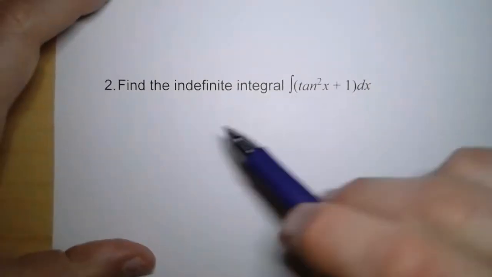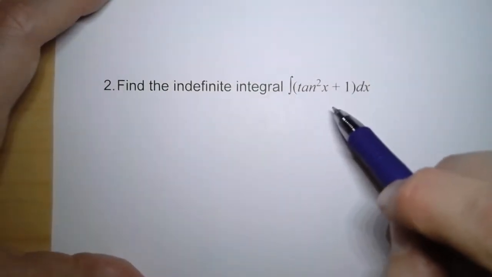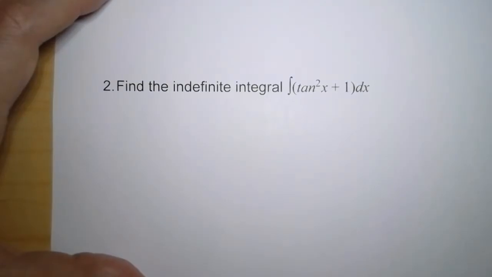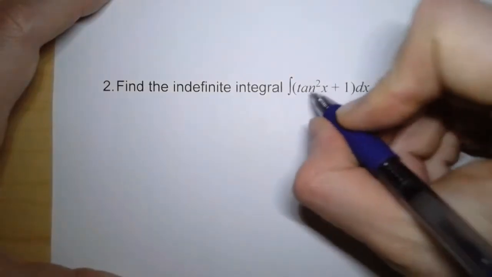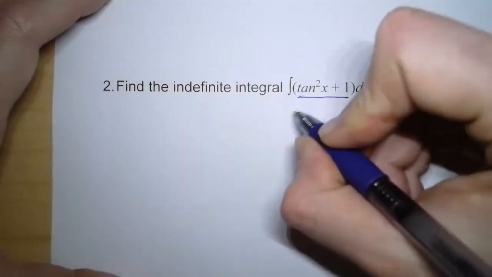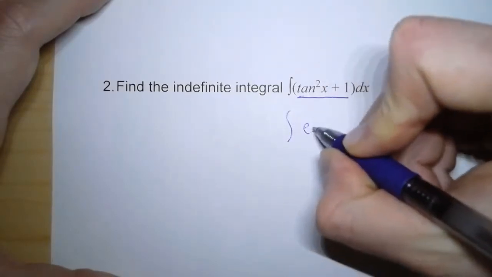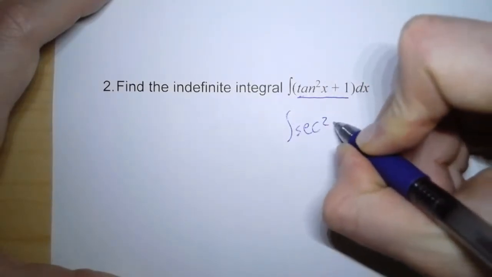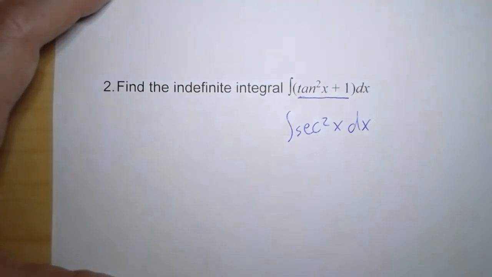Now, looking at the second one, we have this indefinite integral, tangent squared x plus 1. I don't know anything that produces tangent squared as a derivative, but if we remember our Pythagorean identities from trigonometry, this right here is equal to secant squared of x dx.